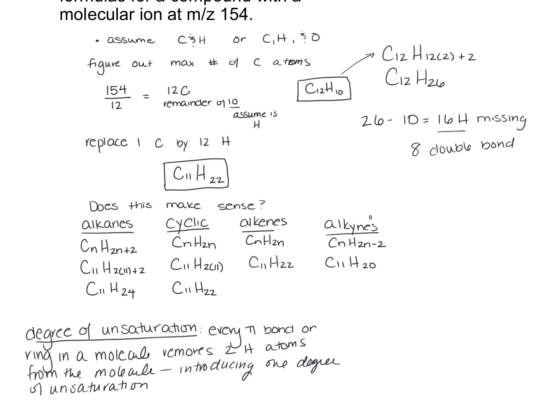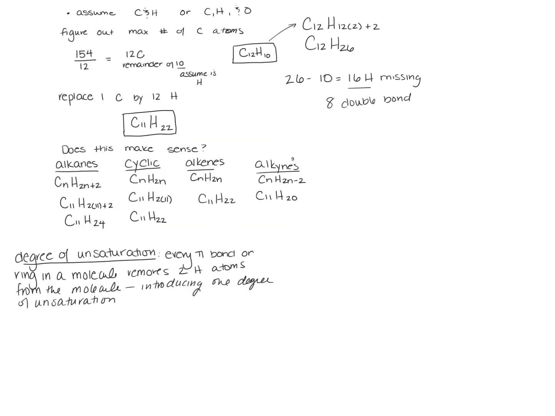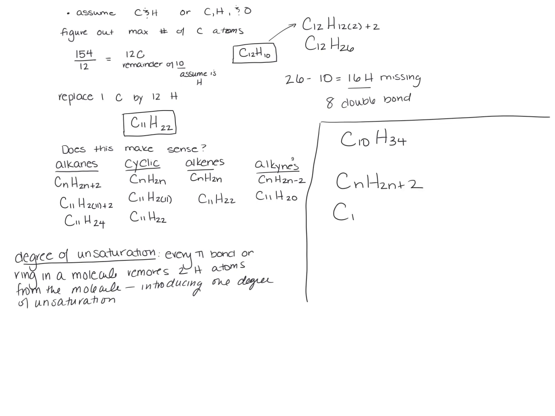So let's do all of that one more time. Now, let's look at another example. So let's take off one more carbon. So that would be C10, and then I need to convert one carbon into 12 hydrogen. So it would be C10H34. So we need to check, does this make sense? So we come here, CnH2n plus 2. So if it's C10, then it's going to be H2 times 10 plus 2.